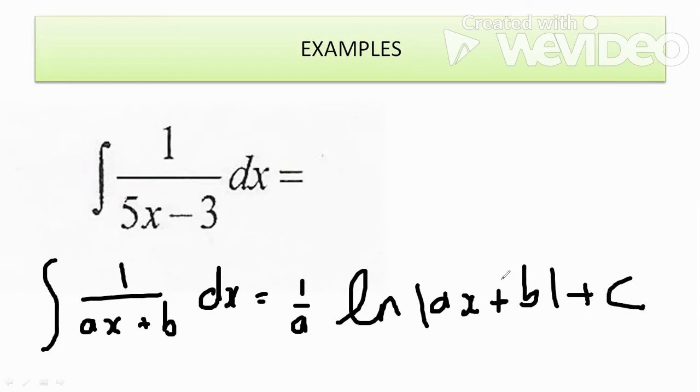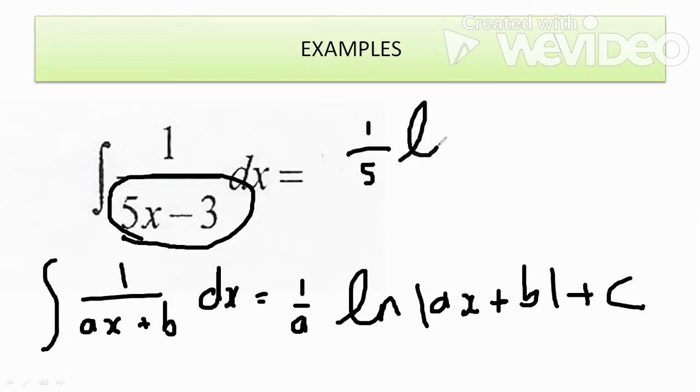Basically, if you have 1 over this expression here, we differentiate that term and reciprocate it, then you write back ln of that function. So the answer for this will be 1 over 5, because if we differentiate 5x minus 3, we get 5. Reciprocate the 5, we get 1 over 5 ln of 5x minus 3, plus c.